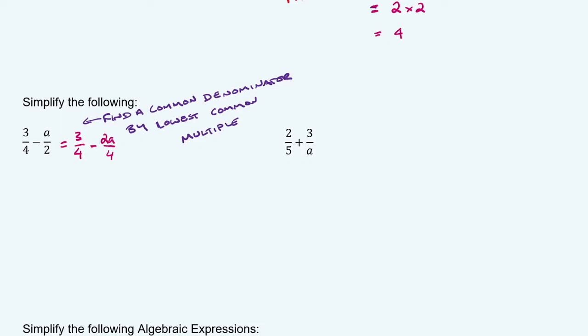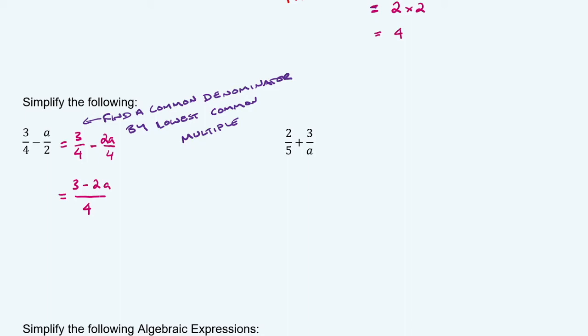Then we just go across the top. I have 3 minus 2a all over 4. Now, unfortunately, we can't go any further with that one. But it is now one fraction, so that's what we want.